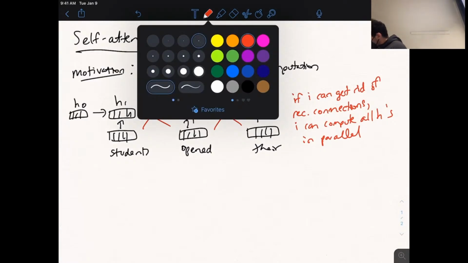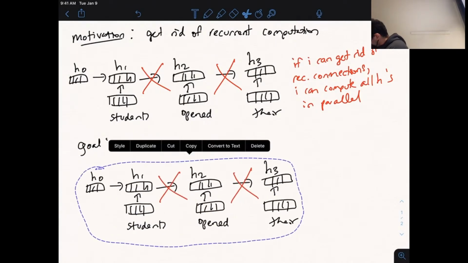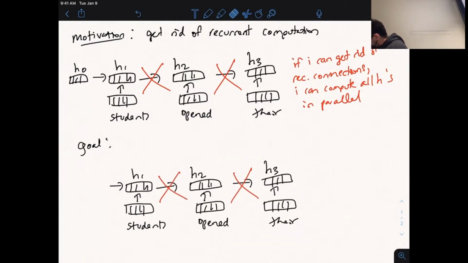If we look at where we're eventually trying to go, I want to get rid of these recurrent connections. And I want something that's more like this, where H2 is a function of students open, H3 is a function of students open there.